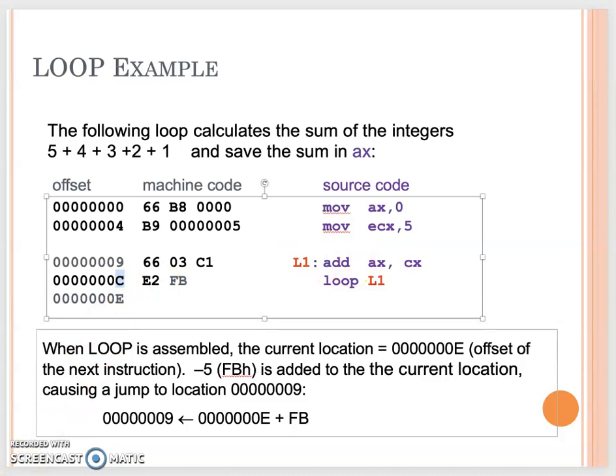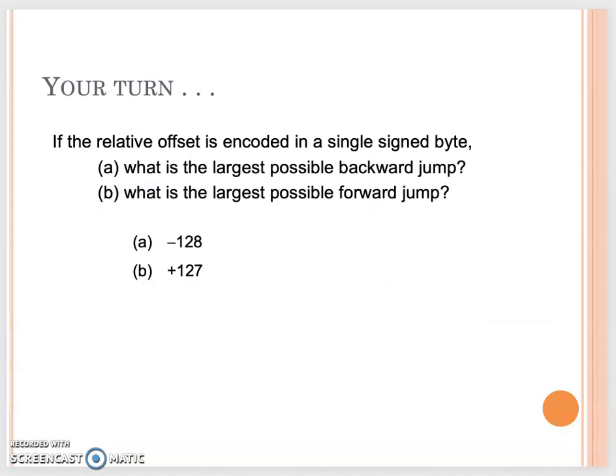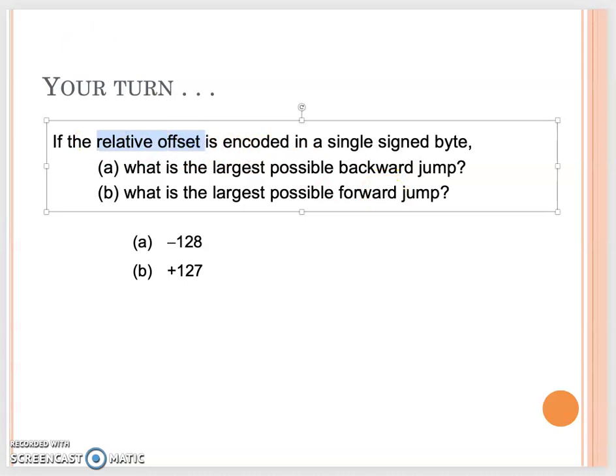So that's a jump example. If you have any question, don't forget, make sure to write it down so I can answer your question during the Zoom meeting. So here you will see the relative offset will be saved in 1 byte, right? So if the relative offset is enclosed in 1 single signed byte, then consider the largest possible backward jump, because for jump and loop it's the same thing, as the relative offset is only in 1 byte.